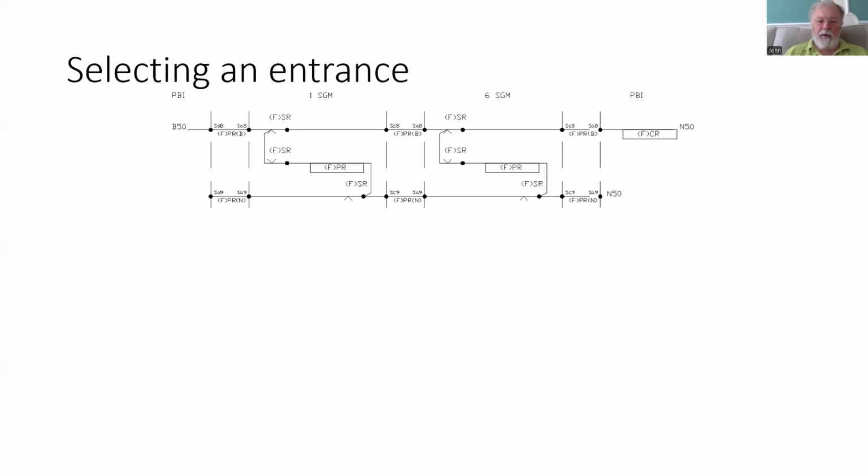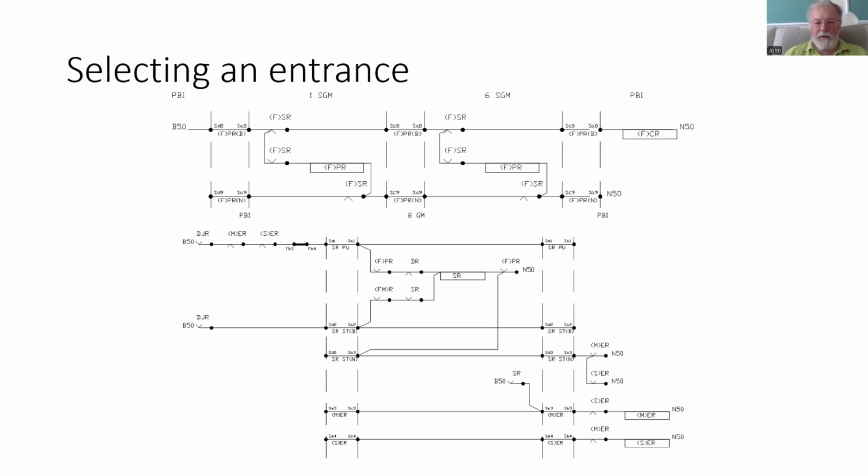So let's recap how it works. Selecting an entrance: when you select an entrance and press one of the buttons, the relevant FPR in that set operates, and the FCR in the PBI drops to indicate that a button has been pressed.